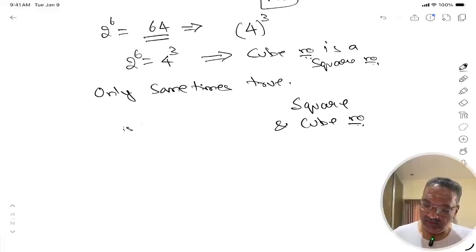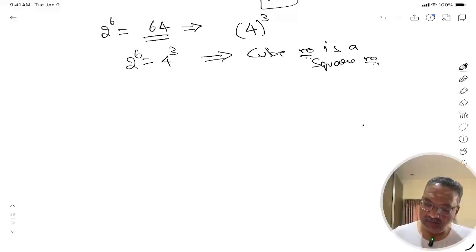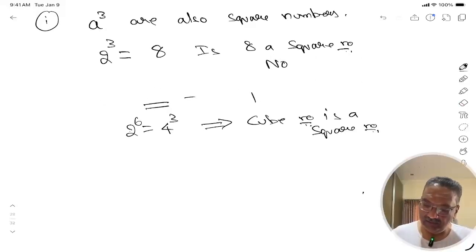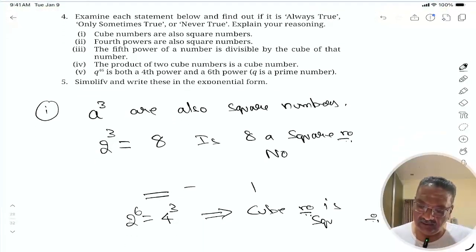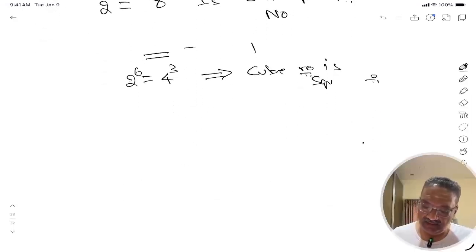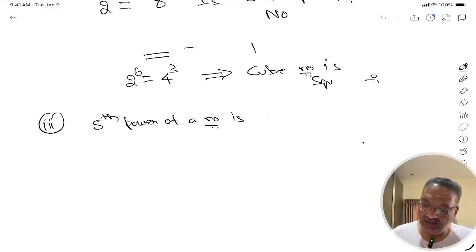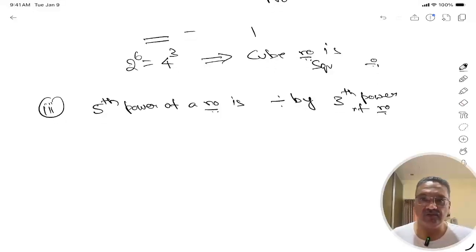Let's come to the third part. What does the third say? Fifth power of a number is divisible by the cube of that number. I am converting the sentence to a mathematical form.